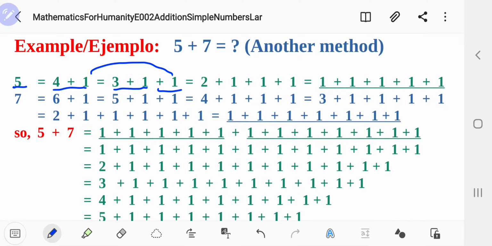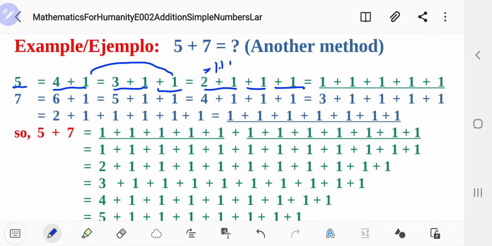Then you know that 3 is also 2 plus 1. So you have 2 plus 1 for 3, and then plus 1 plus 1. But 2 is equal to 1 plus 1.